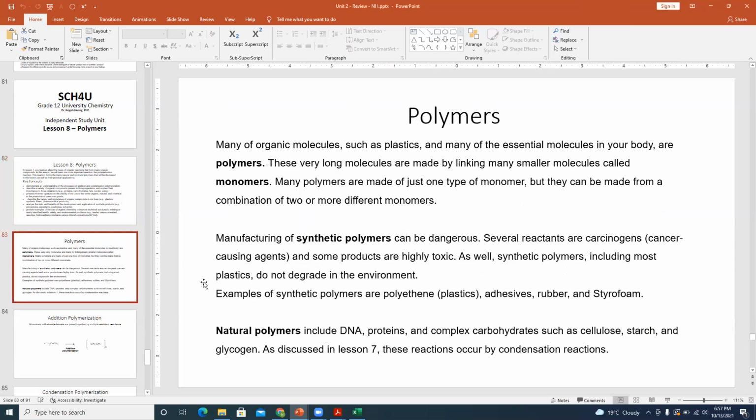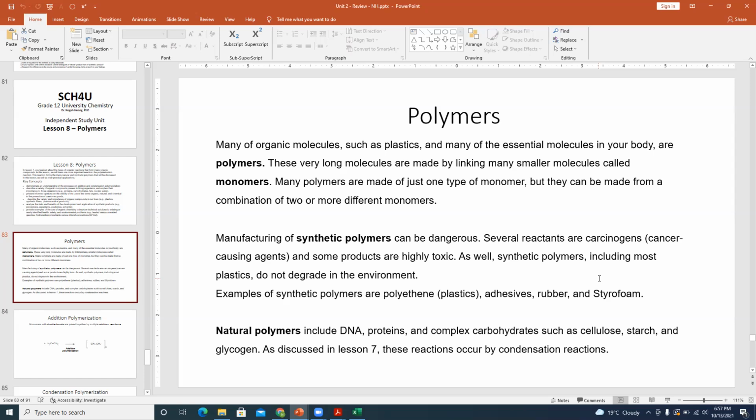So polymers. Many organic molecules like plastics and many of the very important molecules in our body are made up of polymers. These polymers are very long molecules and they are formed by linking, joining together of many smaller molecules, smaller subunits of these polymers.